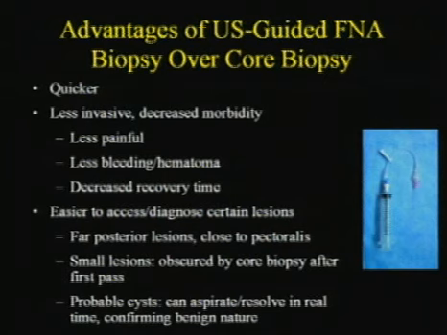With this type of technique, aspiration can be performed in real time, and the fluid can be suctioned out to confirm that this is a benign cyst, whereas with a core biopsy, the cyst would be obscured and the fluid would dissipate in the breast, so it's harder to make that type of diagnosis.